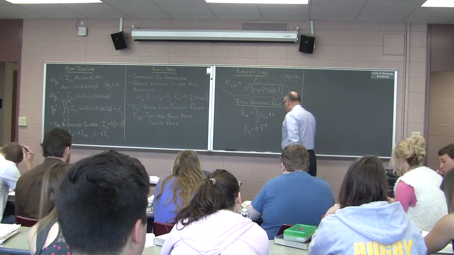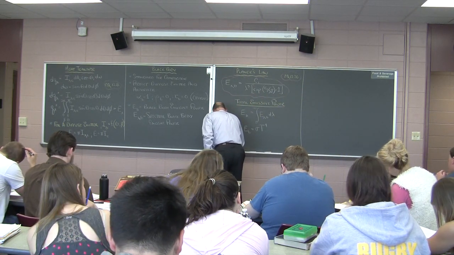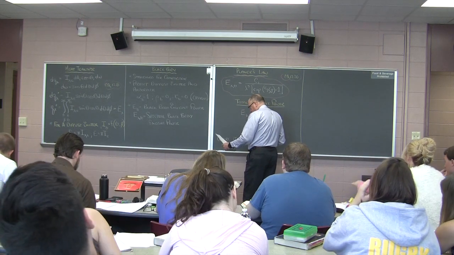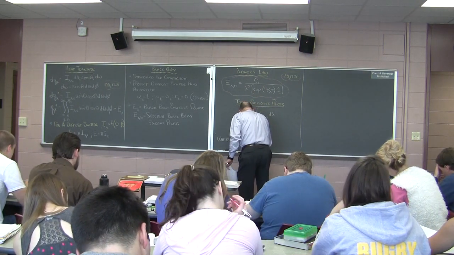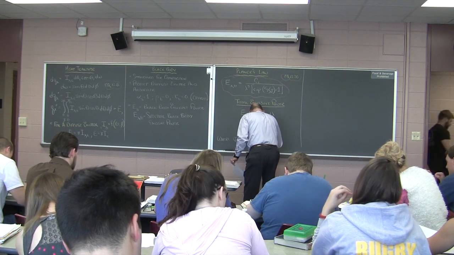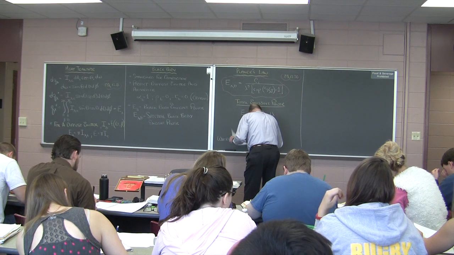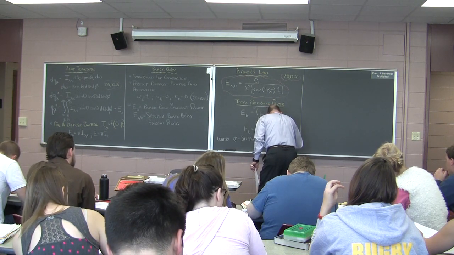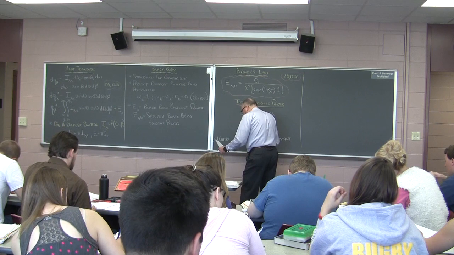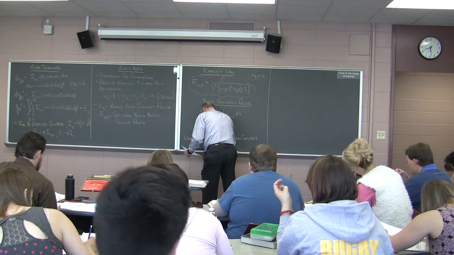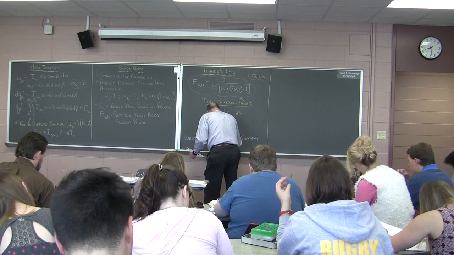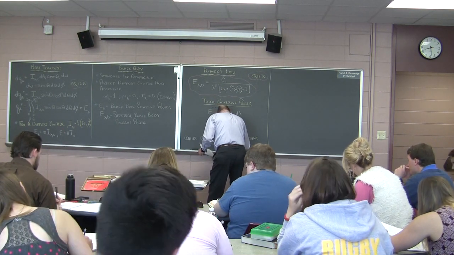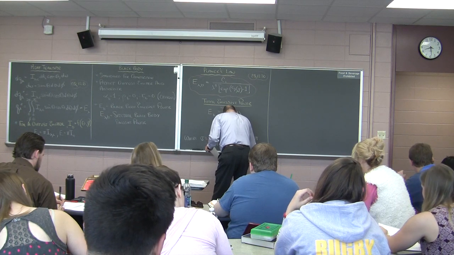The Stefan-Boltzmann constant, and it's equal to 5.669 times 10 to the minus 8 watts per meter squared Kelvin to the fourth.